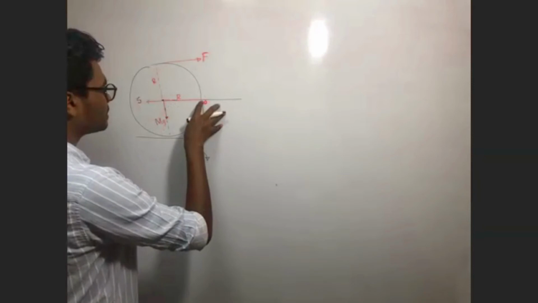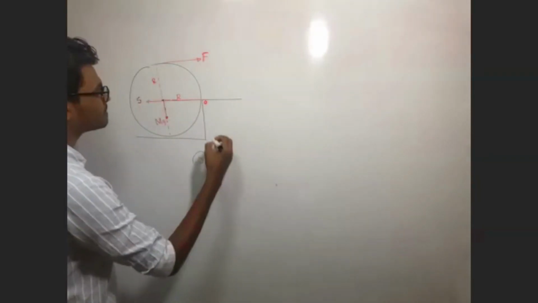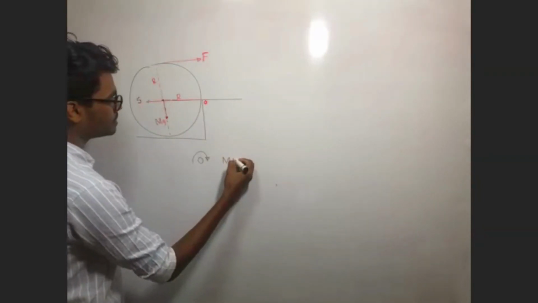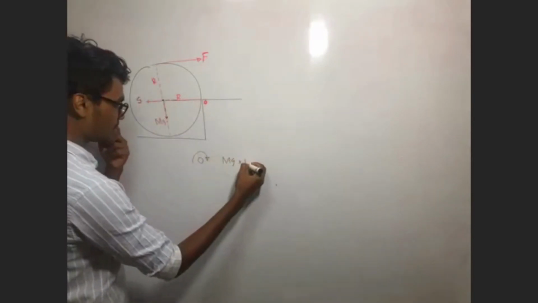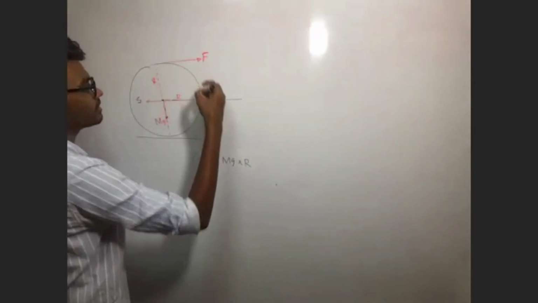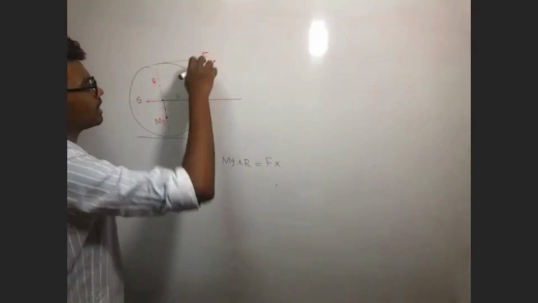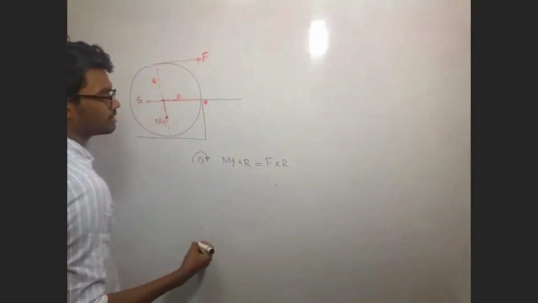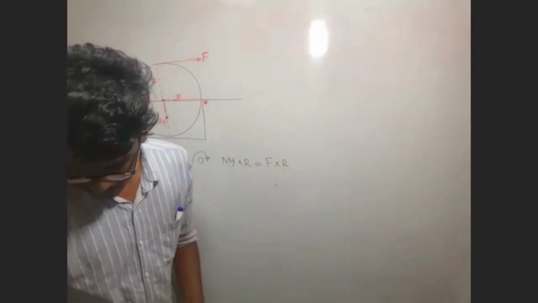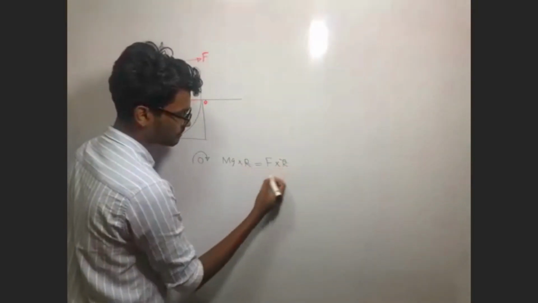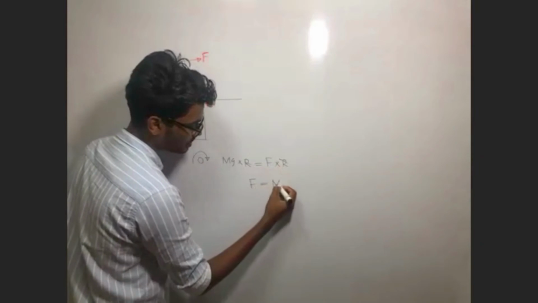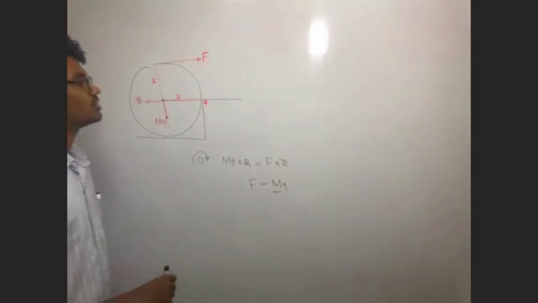So that cancels. You apply mg into R, mg into R equals F into R. So the answer is F min is mg.